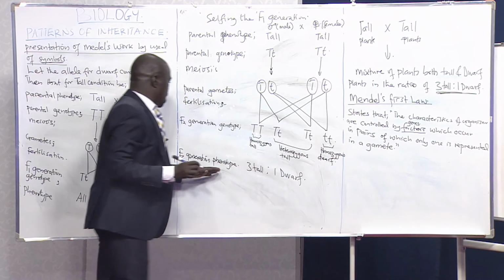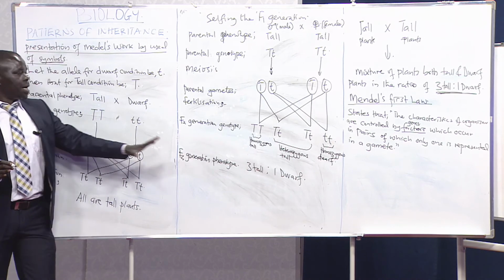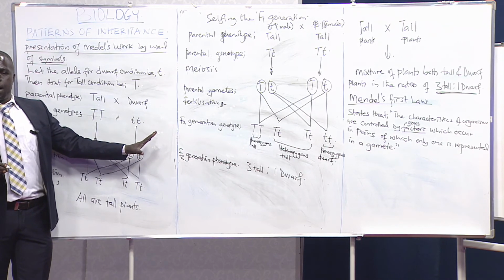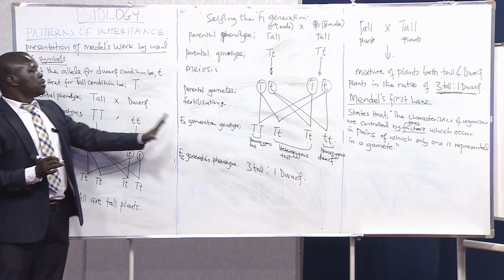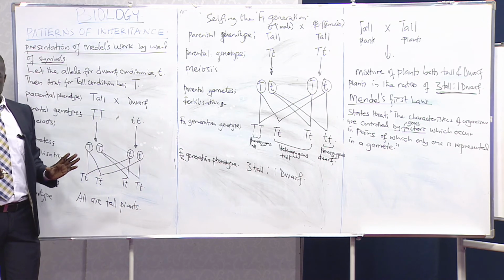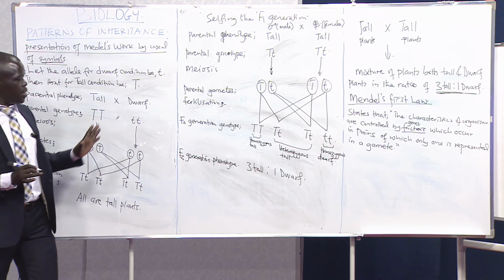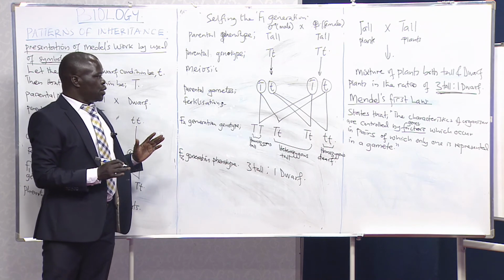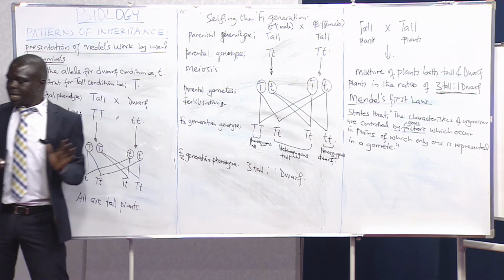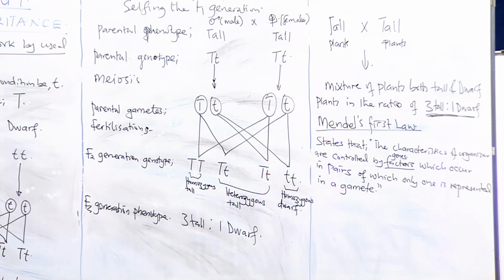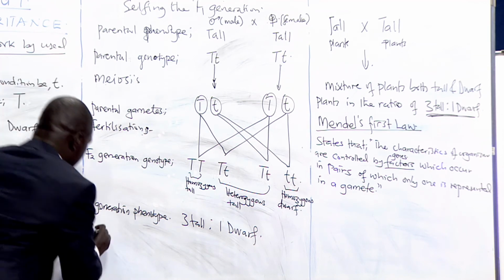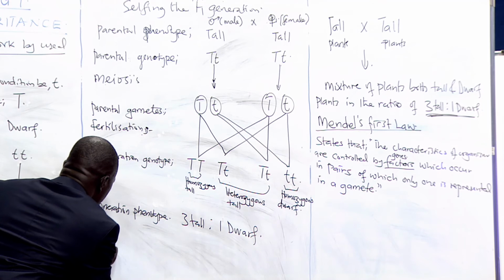So this is how Mendel's work can be represented by use of symbols. There are so many characteristics which show monohybrid inheritance. Mendel's law shows monohybrid inheritance, which I can put there as NB.